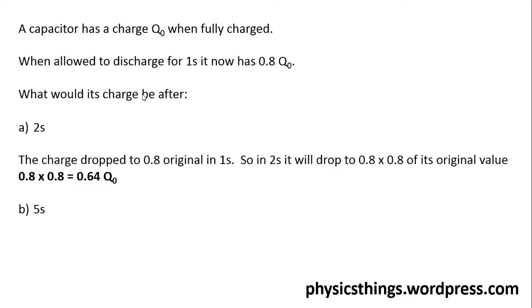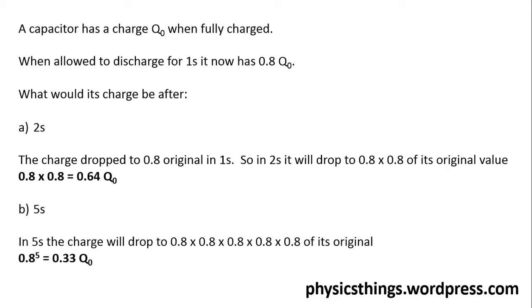And so it would go down to 0.64 of its initial charge. What about after 5 seconds? Well, this time we'd have 0.8 times 0.8 times 0.8 times 0.8 times 0.8. And when we type that in, we get that it would drop to 0.33 of the original charge, or to 33%. And this, as we'll see later on, is very useful when we're looking at doing approximations.